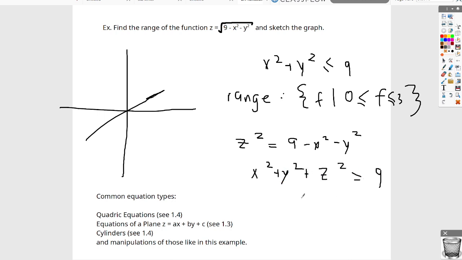If you solve it for one of the forms that we want to see it as, like in the quadratic equations episode 1.4 of this series, x squared plus y squared plus z squared equals 9 is a familiar function. It's an ellipsoid, but it's actually a special type of ellipsoid called a sphere, right?